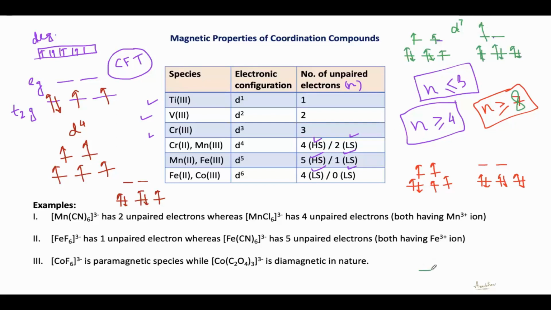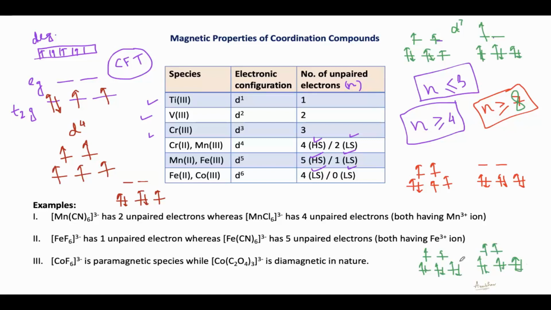If we extend the analogy to the d8 system, one we will fill up in the high spin, and the other in the low spin. So first high spin: 1, 2, 3, 4, 5, then 6, 7, 8. But if we fill this up in the low spin: 1, 2, 3, 4, 5, 6, then we are having 7, then we are having 8.